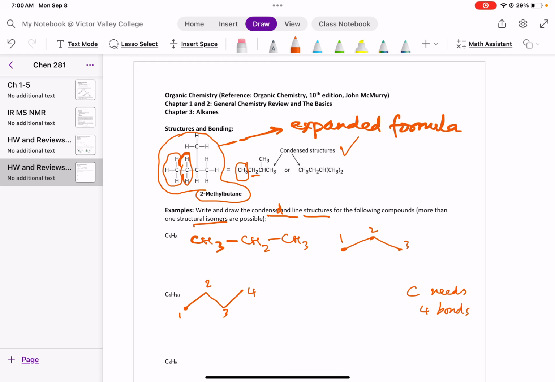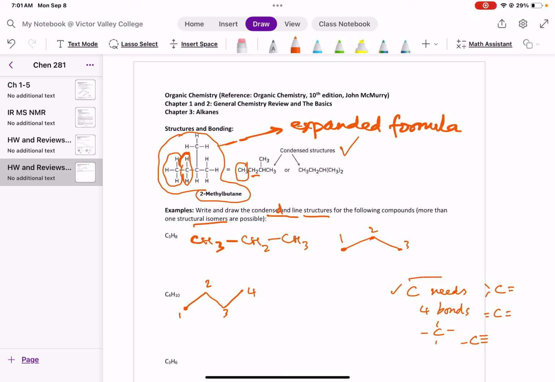And we're talking about 4 single bonds, or a double bond and 2 singles, a triple bond and a single bond, and so on. Any of those combinations will work.